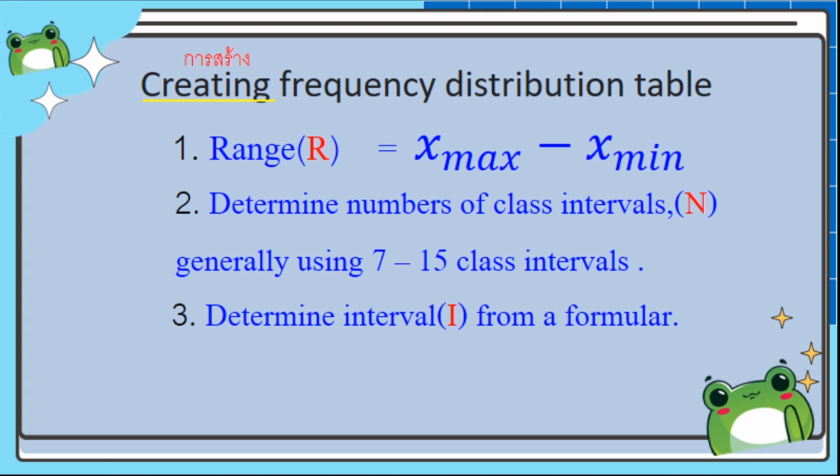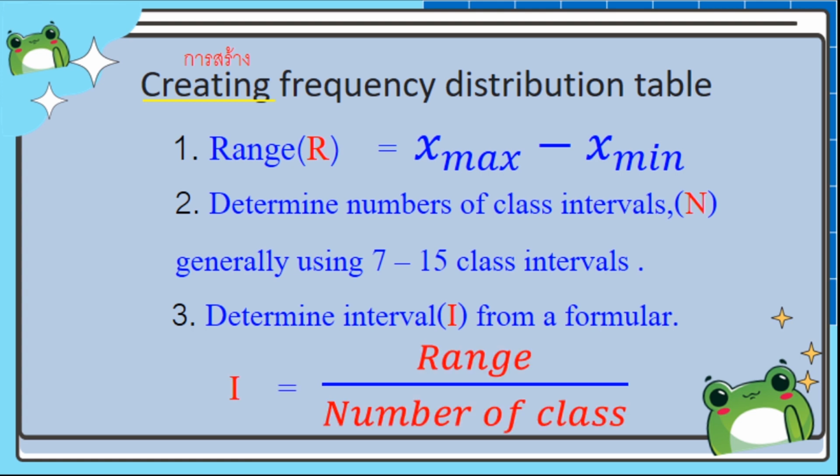And the last one, determine the interval width from a formula: the width of the interval equals length divided by the number of classes. If the result of the division is even, students should add 1. But if there is a remainder, please round up.